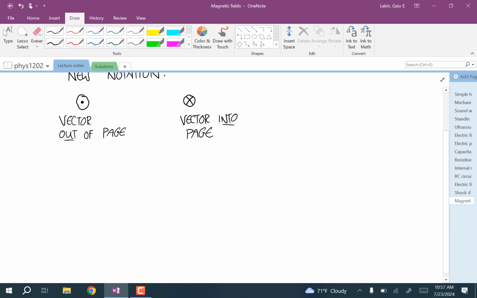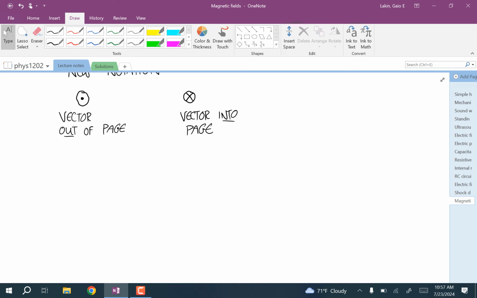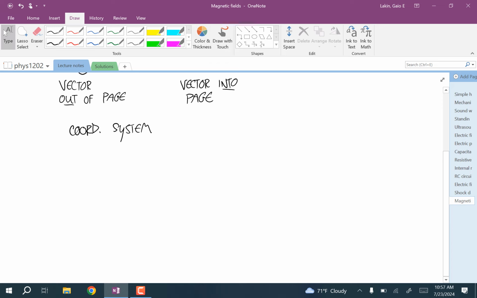And I'm always going to be using a coordinate system for this stuff that has the x-axis going to the right, the y-axis pointing up, and then the z-axis coming out towards us.